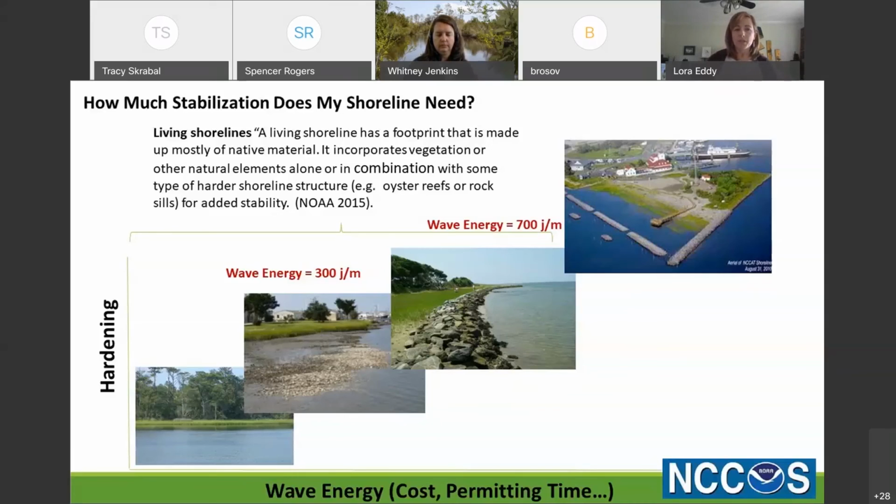So that's baked into the analysis, and it's based upon that research that they've seen in our area. But between that 300 and that 700 joules per meter, we can see success in living shoreline projects that are hybrid and that have some structure. And so we're trying to give you those bounds in this quicker screening tool. And then above that, we're definitely going to need some structure.